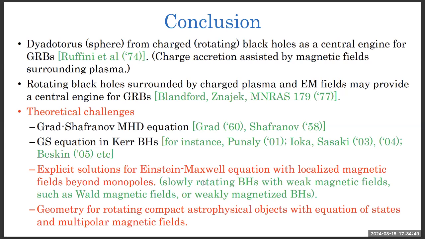Now, in that background, find the electromagnetic field that respects the symmetry. The Maxwell equation should respect the underlying space-time symmetry. And the origin of the electromagnetic field is the charged plasma ions.